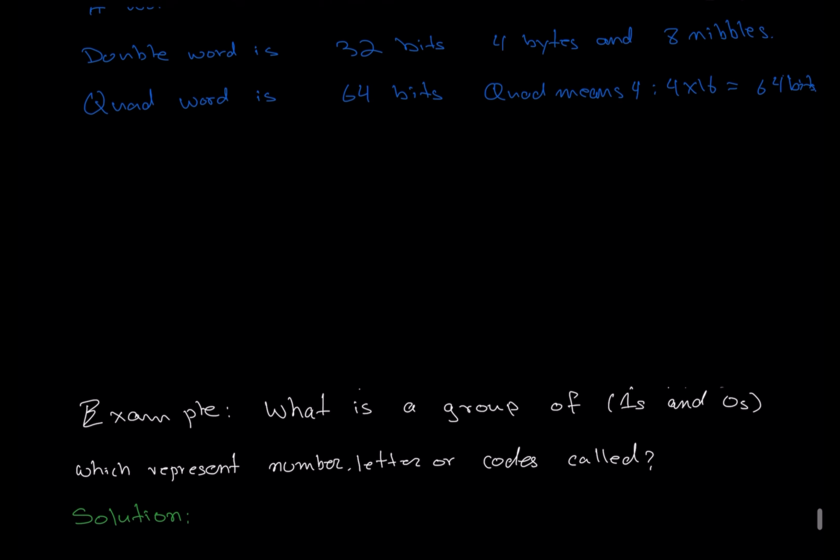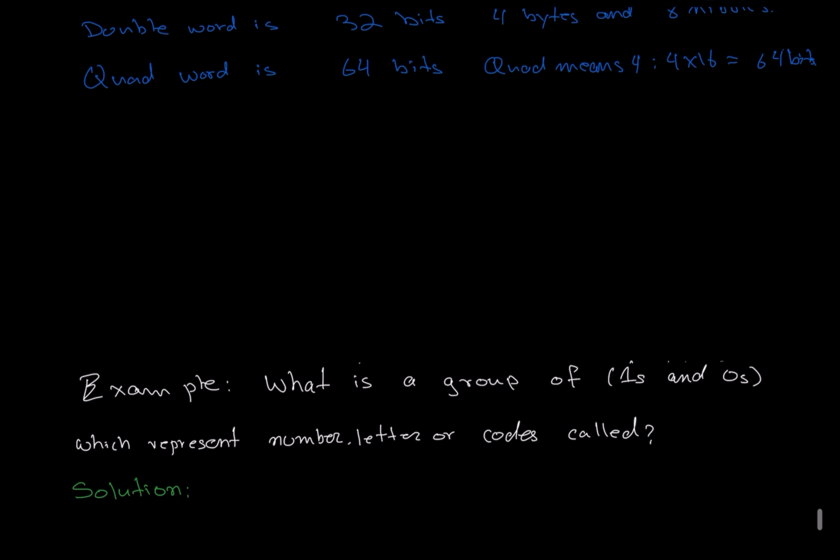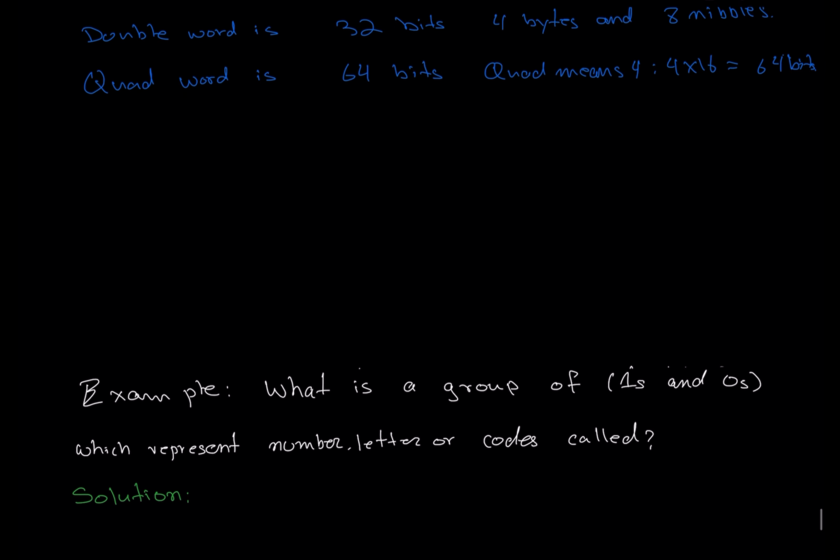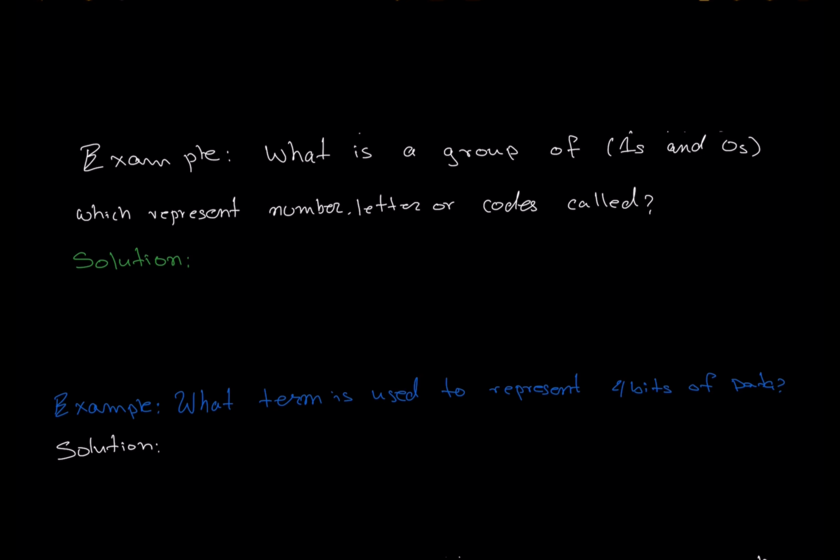Alrighty, so now moving on to the examples. I hope that wasn't that bad. So what is a group of ones and zeros which represent a number, letter, or code called? It can be bits, and how many bits depends.